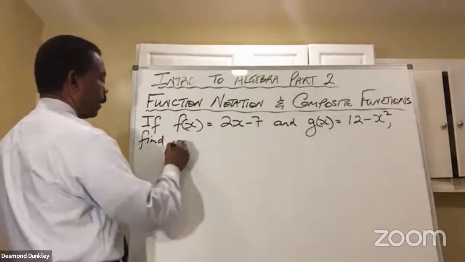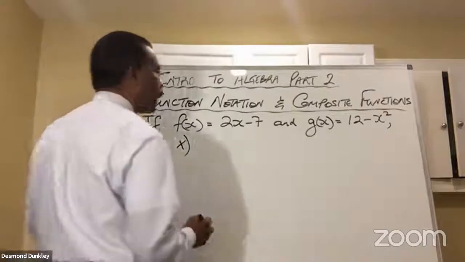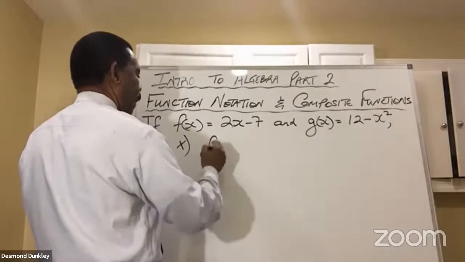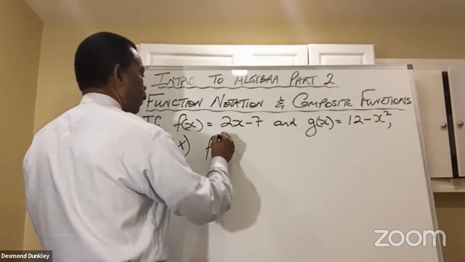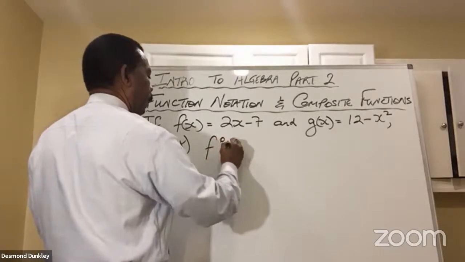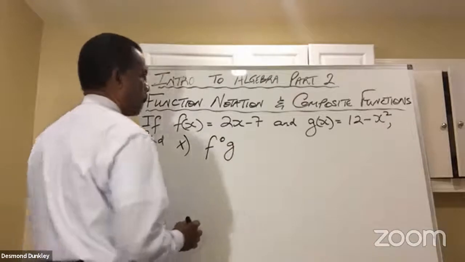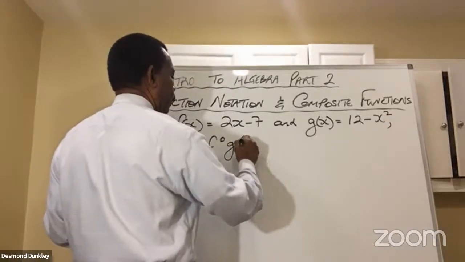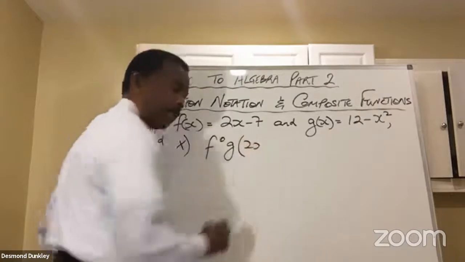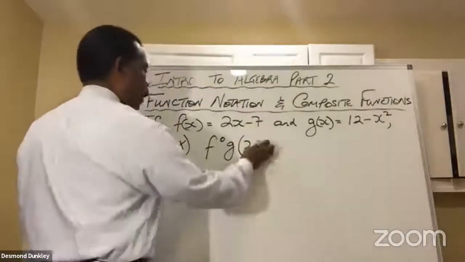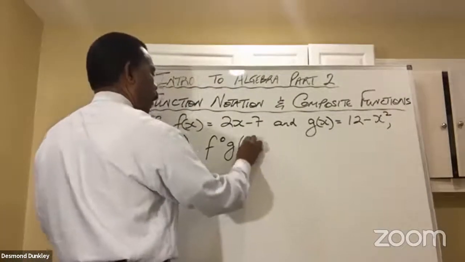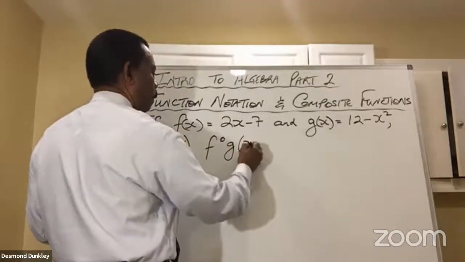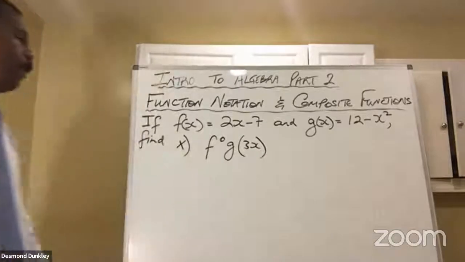So, number 10. What is f composite g of 3x? Okay, what about that?